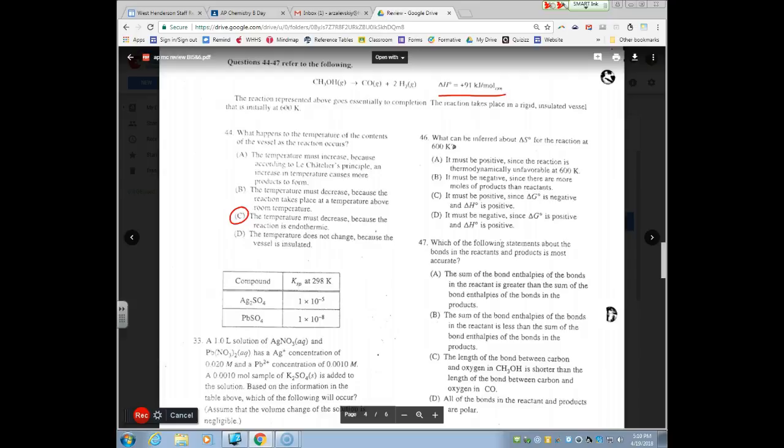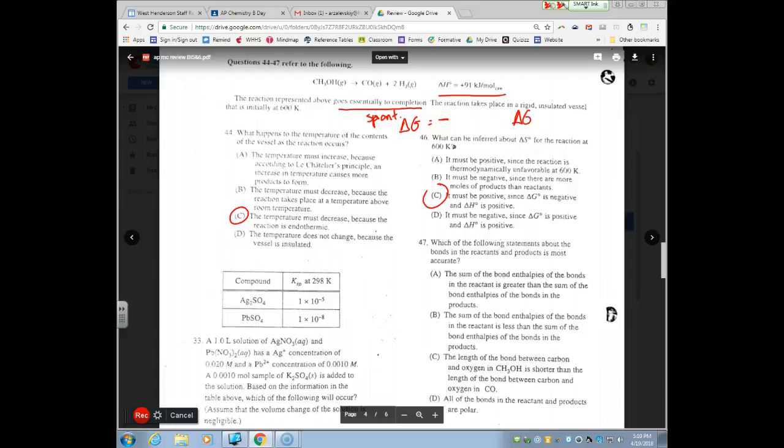All right, then in number 46, the correct answer is C. What can be inferred about delta S for the reaction? The reaction represented above essentially goes to completion. That lets me know that it is spontaneous, which means delta G has to be negative.